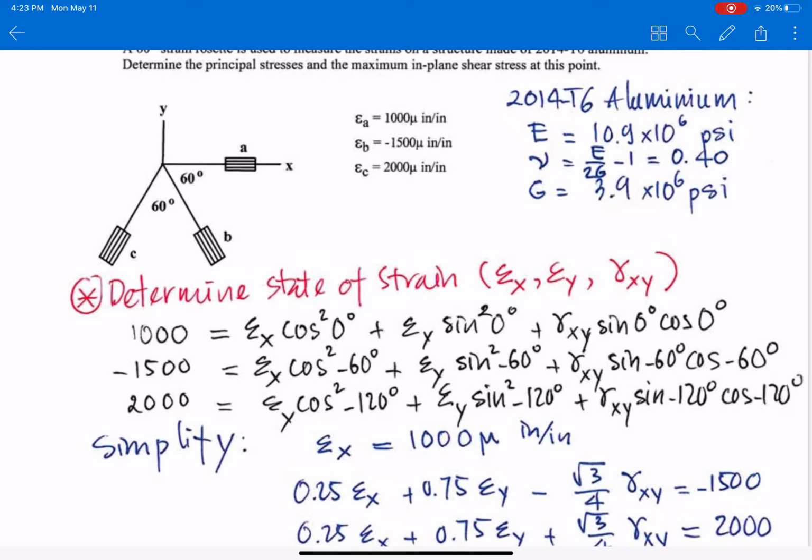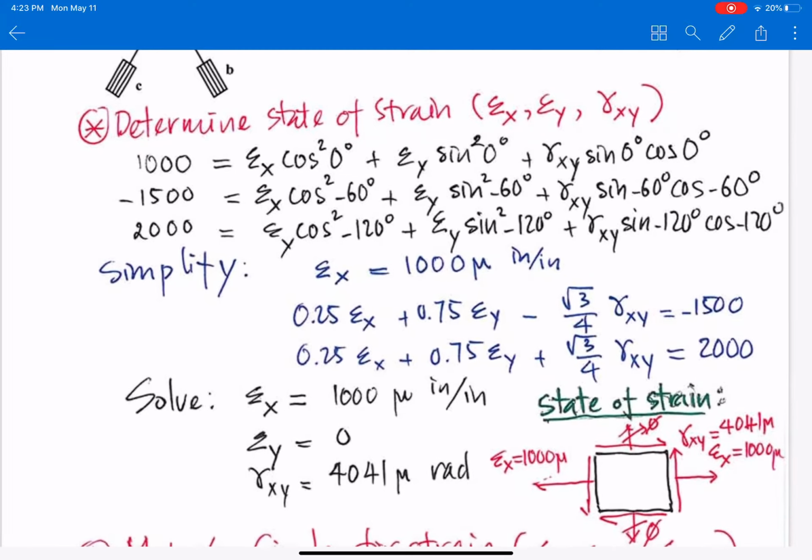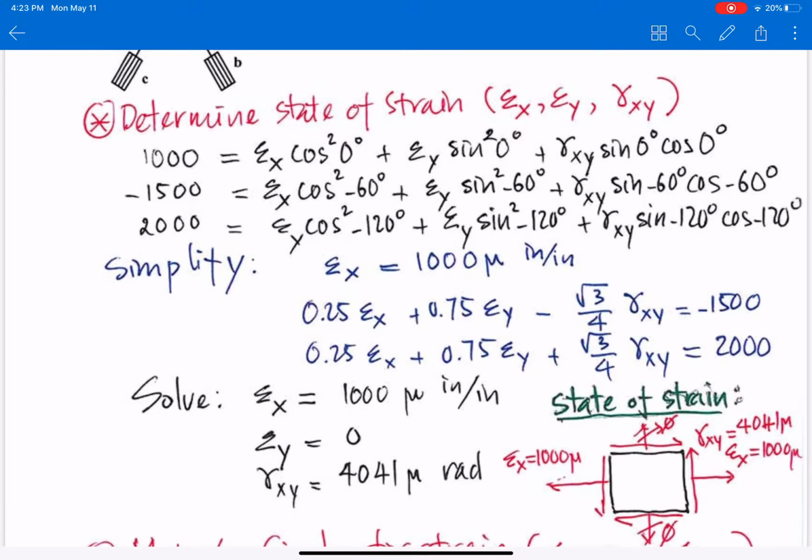Keep that in mind: clockwise rotation is negative, counterclockwise is positive. With those equations simplified, the process is similar to 13a. So you have three equations, three unknowns.